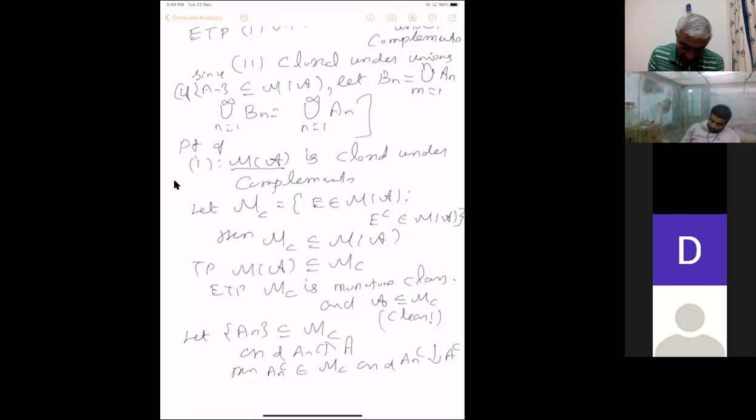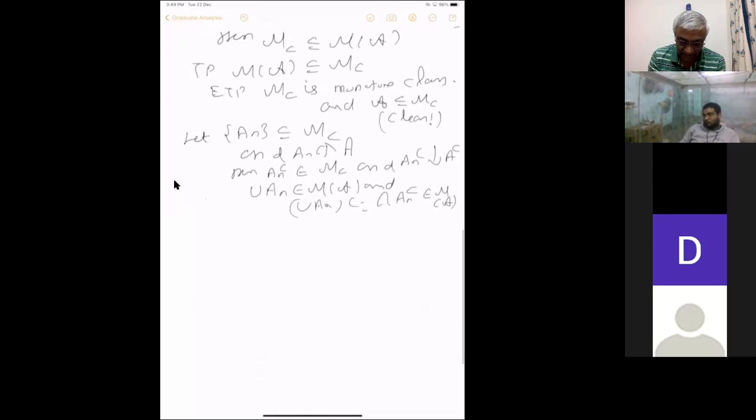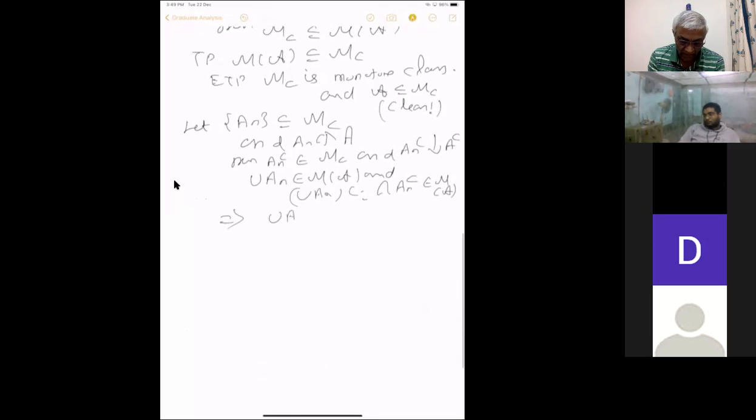Then the union of A_n is in M of A, and the union of A_n complement, which is the same as the intersection of A_n complement, is also in M of A. Okay, so this implies the union A_n complement is also in M_C. M_C is a collection of all sets which are in M of A, such that its complement is also there.